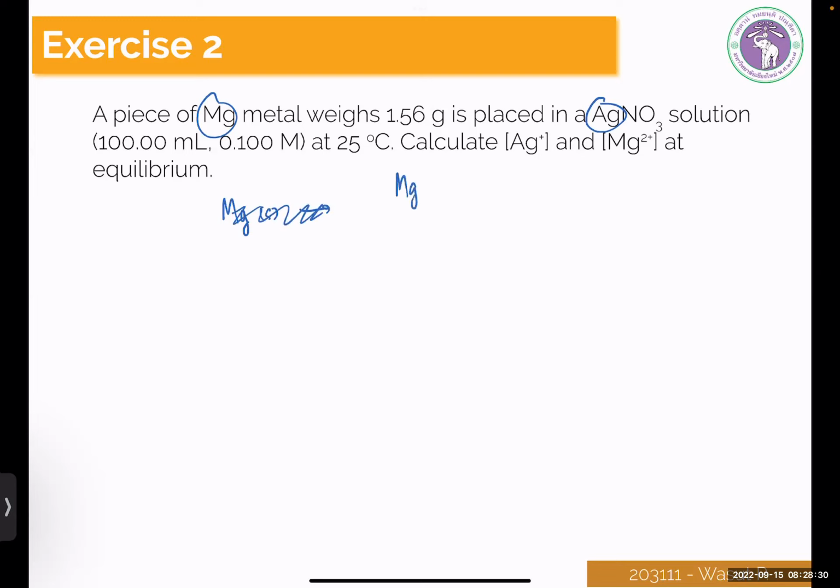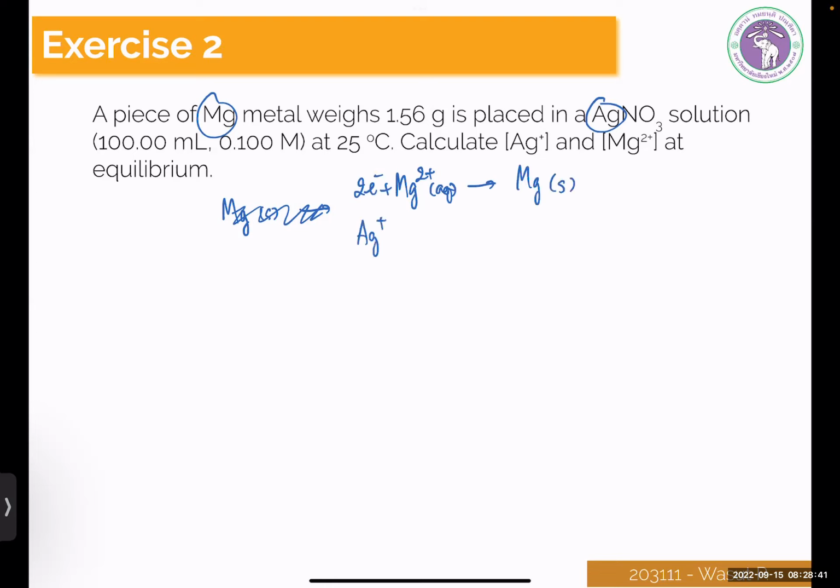Magnesium 2 plus aqueous plus 2 electrons goes to magnesium solid. And another reaction will be silver plus 1 electron goes to silver metal, right?